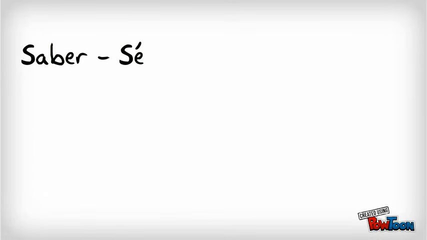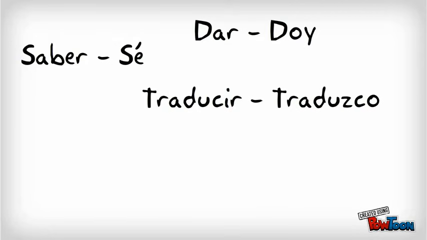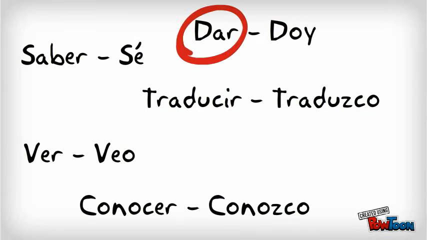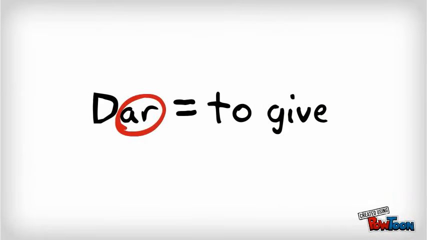Now let's look at some other common verbs that are also irregular in the yo form but don't end in go. Let's try dar. It is an AR verb, so we apply the regular AR endings. Try it for yourself, leaving the yo form blank if you don't know. Again, pause the video if you need to.